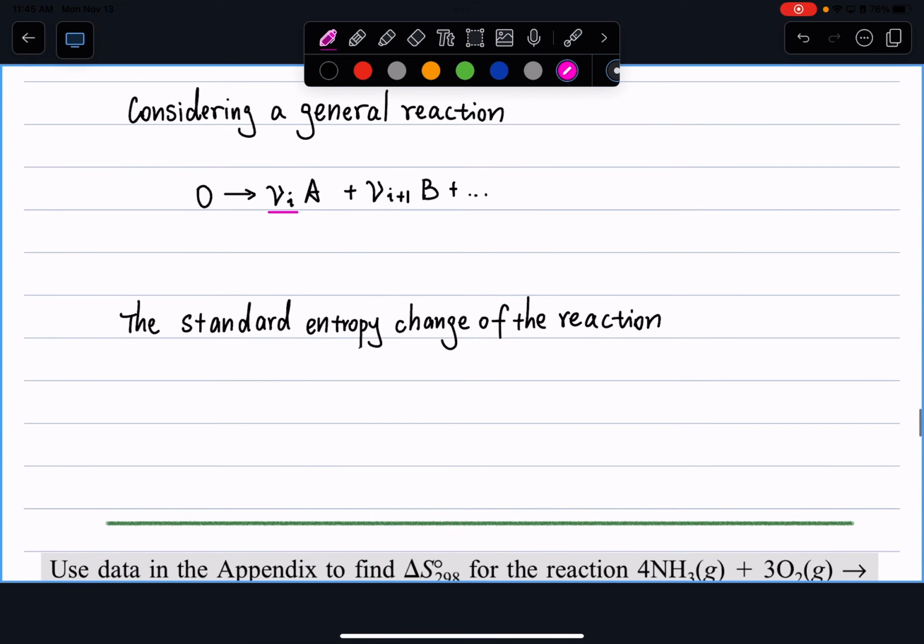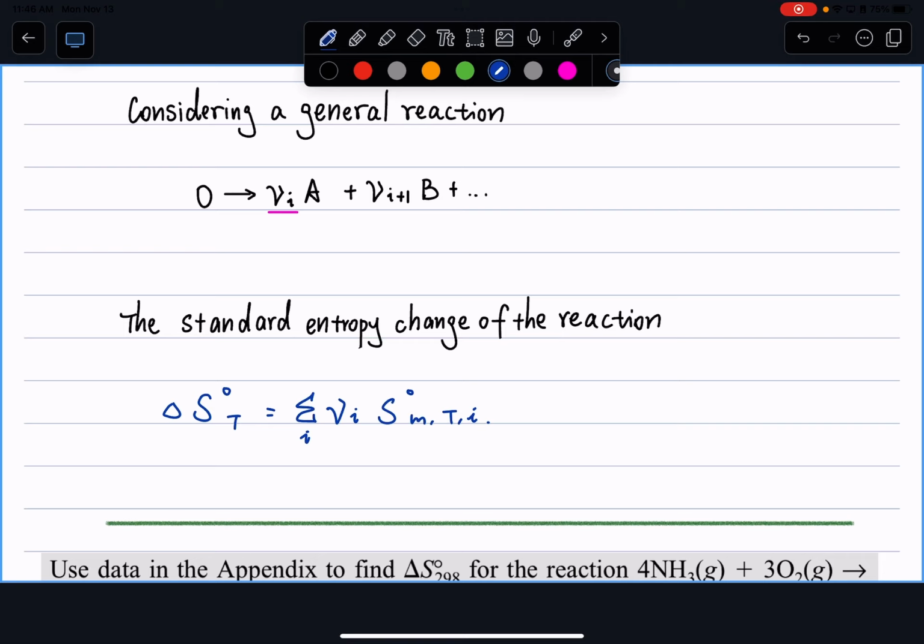And our standard entropy change of the reaction, well, that equals S naught at some temperature, which gives you the summation of all your stoichiometric coefficients times the standard molar entropy of that substance at a certain temperature.